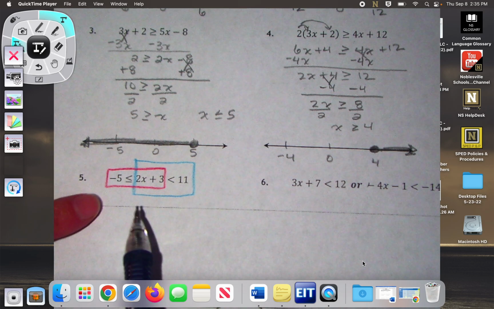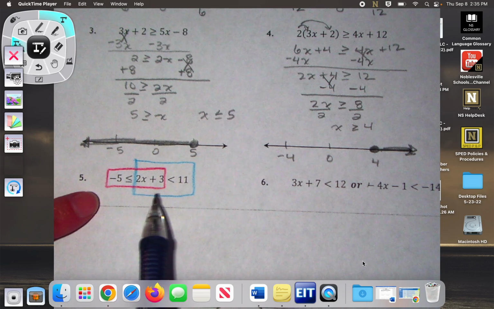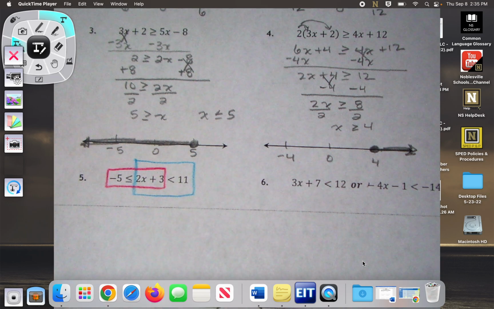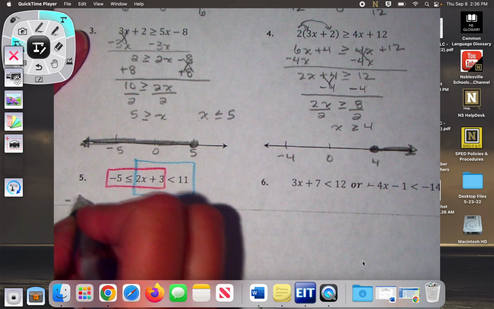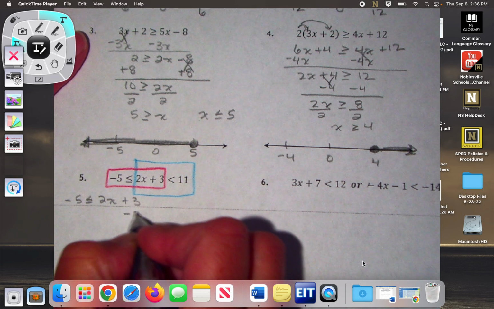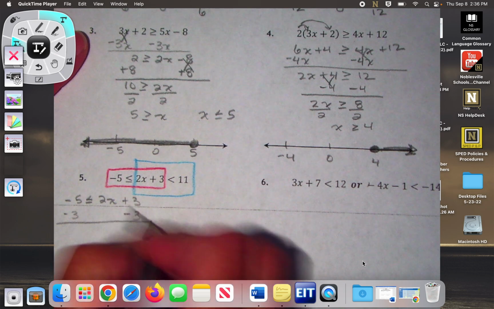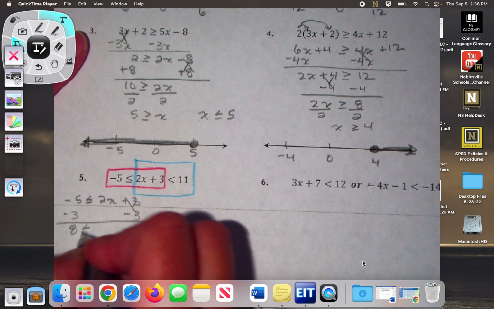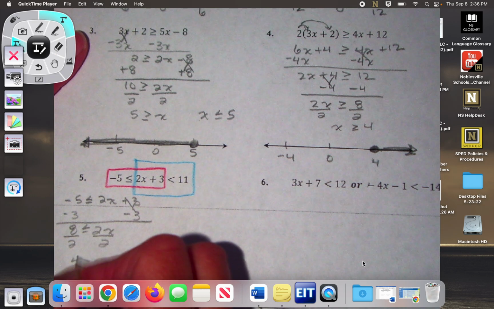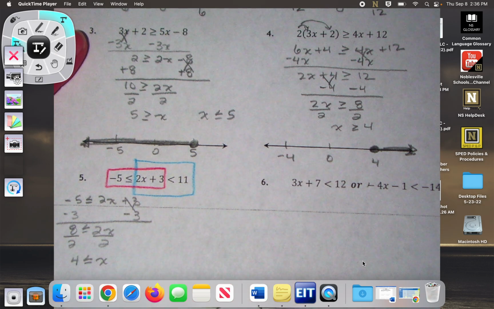All right, then we get into our compound inequalities. I went ahead and drew the borders for this one so that I can see the two inequalities I'm going to solve. -5 is less than or equal to 2x plus 3. 8 is less than or equal to 2x. 4 is less than or equal to x, is what I got on the left side.